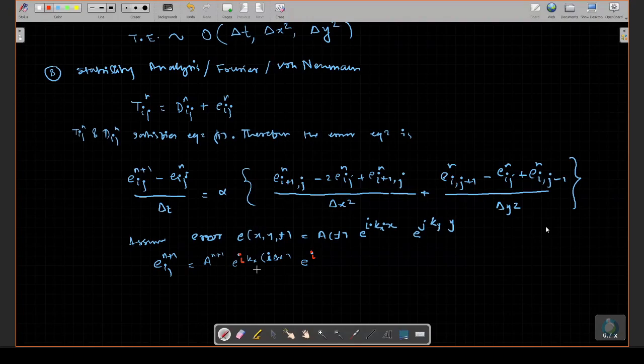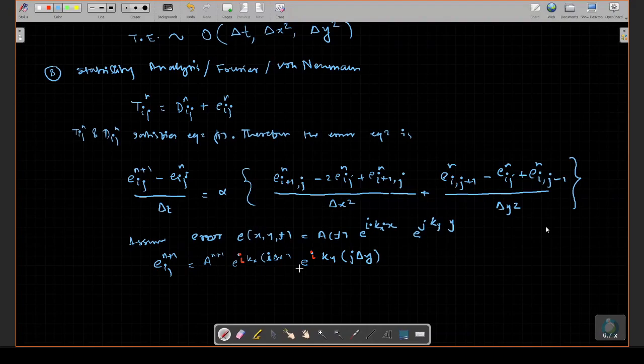And this e^(iκ_y j Δy), the exponential has the imaginary i, and κ_y with j Δy. Okay, y will be represented by j Δy, discrete values, right?